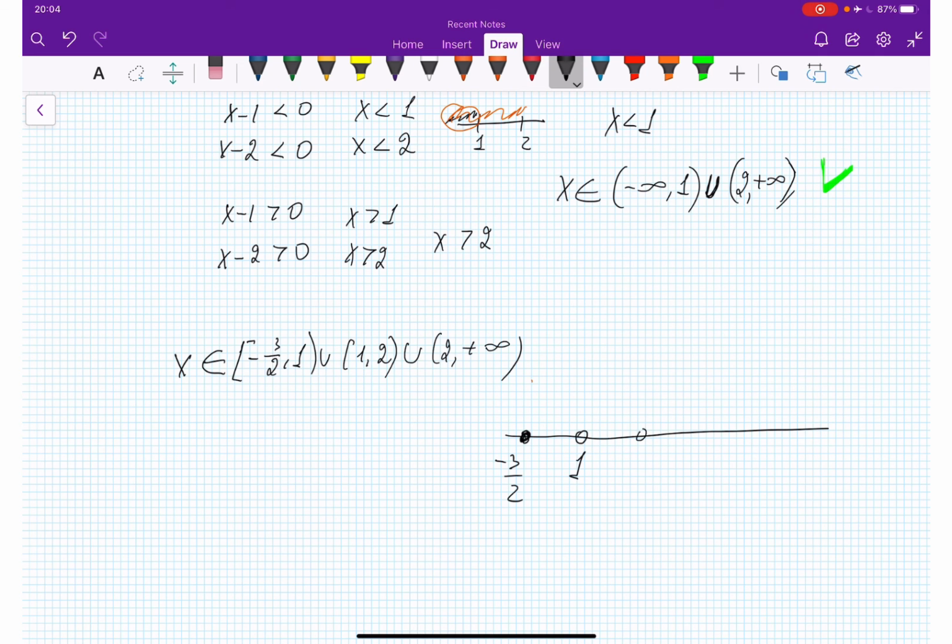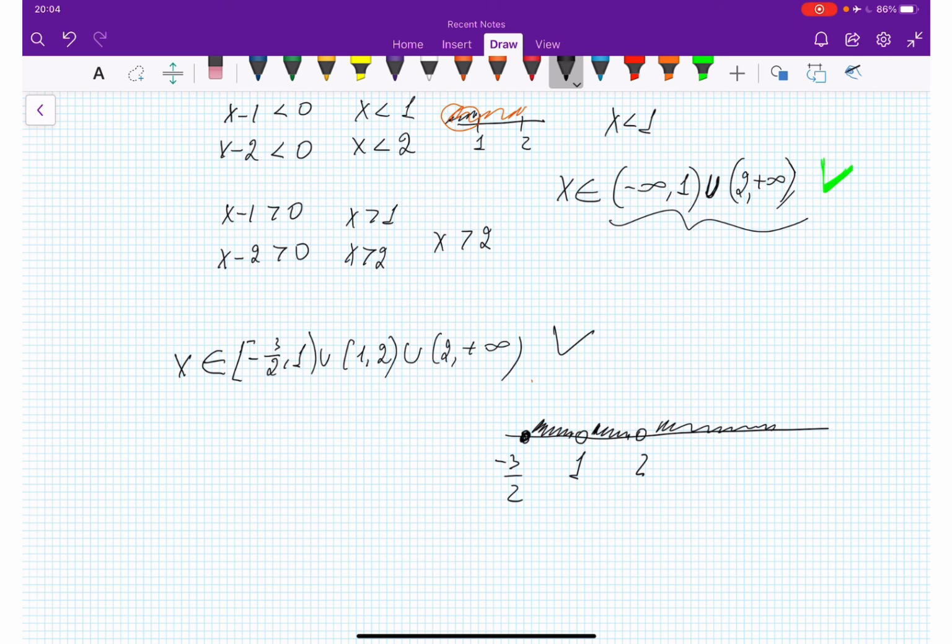We have 2 that is not included, and positive infinity. In this case also 1 and 2, okay, everything is there. So let me shade this one first. Negative 3 over 2 and 1, this area, then between 1 and 2, this area, and between 2 and positive infinity.